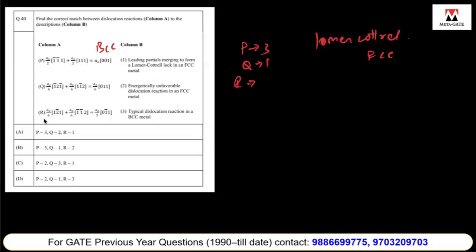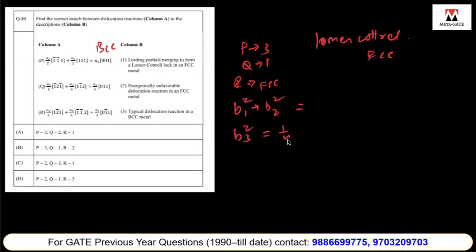This is the form of A naught by 6 [1 1 2 bar], A naught by 6 [1 bar 1 bar 2]. This is energetically unfavorable, but it can happen in FCC because we calculate b1 square plus b2 square and b3 square.